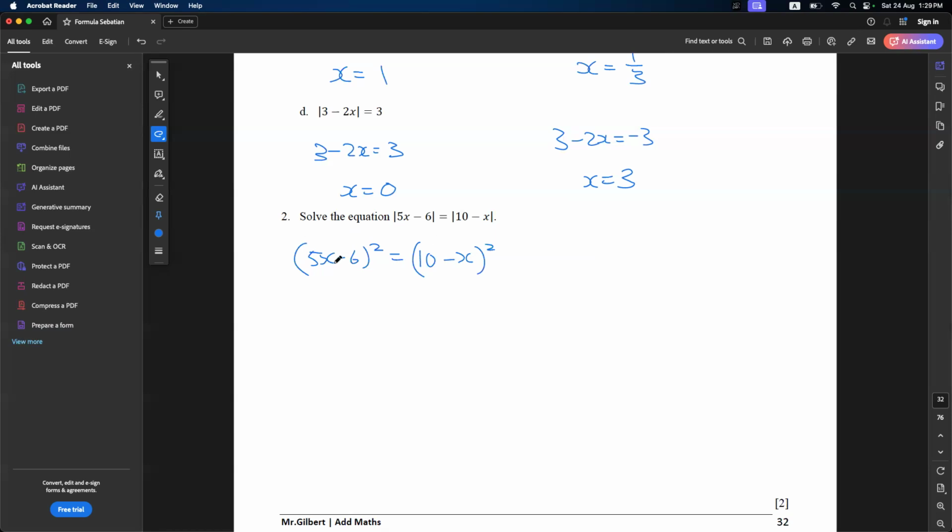Expanding the bracket here, you will get... from here, what should be my next step?